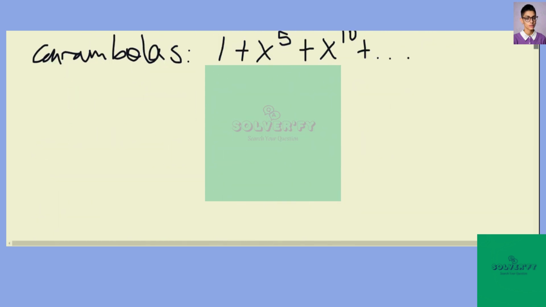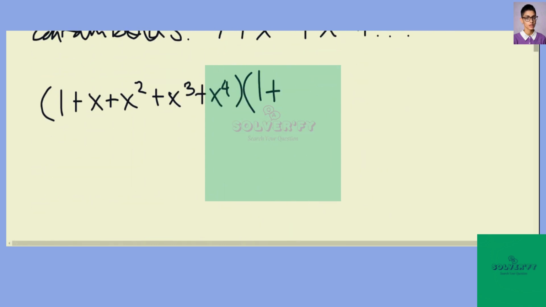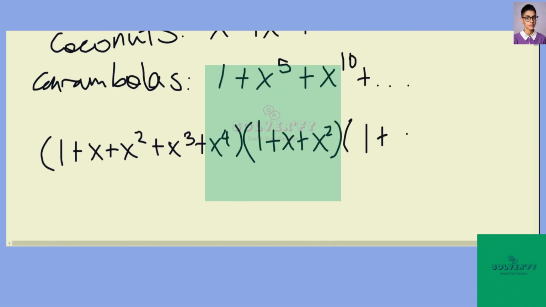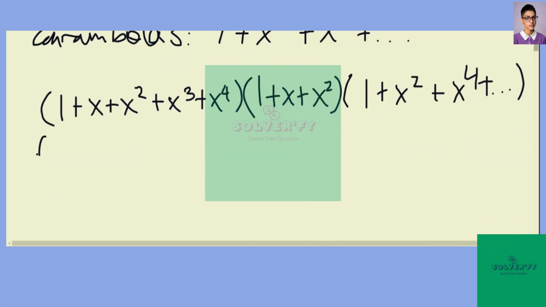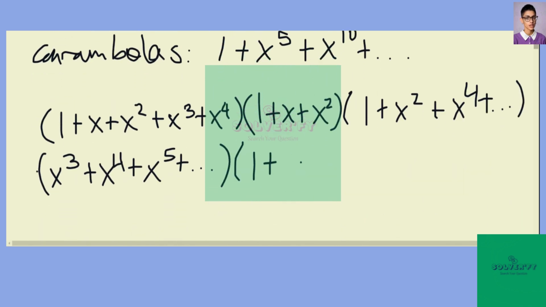So this is going to be 1 plus x plus x squared plus x cubed plus x to the 4th, times 1 plus x plus x squared, times 1 plus x squared plus x to the 4th, and so on, times x cubed plus x to the 4th plus x to the 5th, and so on, times 1 plus x to the 5th plus x to the 10th, and so on.